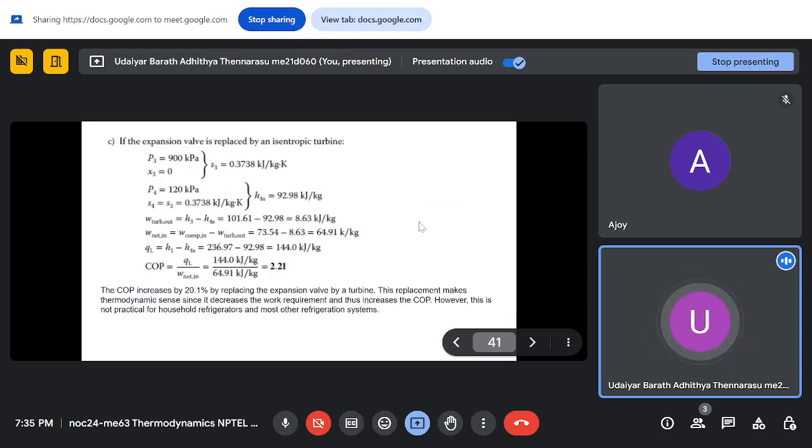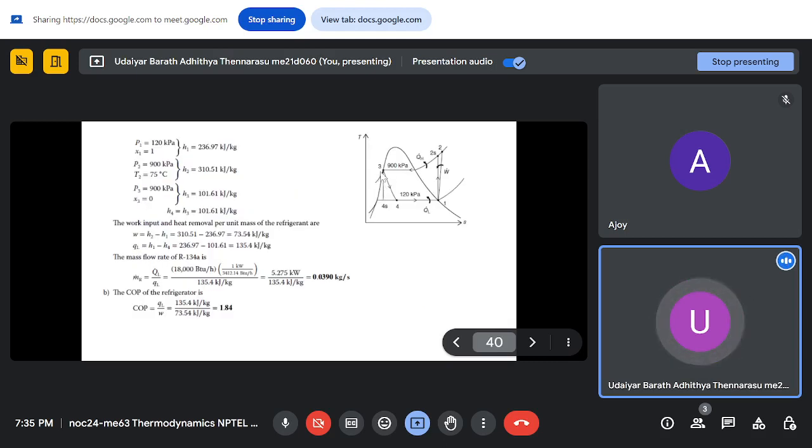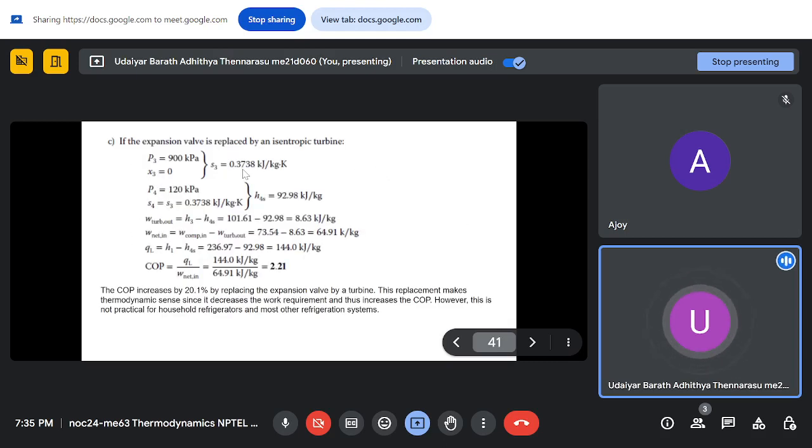Next they are saying that instead of a valve you use a turbine, an isentropic turbine. So if you use an isentropic turbine, at state 3 your entropy is 0.3738 and your exit pressure is 120 kilopascal, since your compressor inlet is 120 kilopascal, which will be your evaporator pressure as well. Correspondingly, at 120 kilopascal and entropy of 0.3738, we can find the enthalpy at state 4.